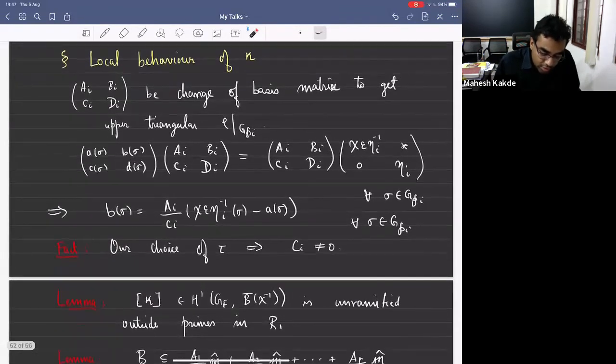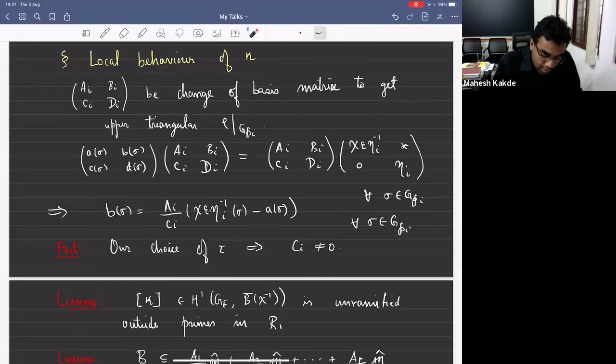So we study the local behavior of kappa. As I said, locally there's a basis which makes the representation upper triangular, and globally we have fixed a basis which diagonalizes this rho of tau.